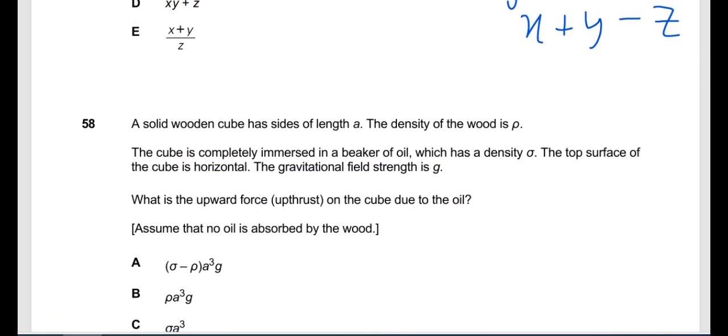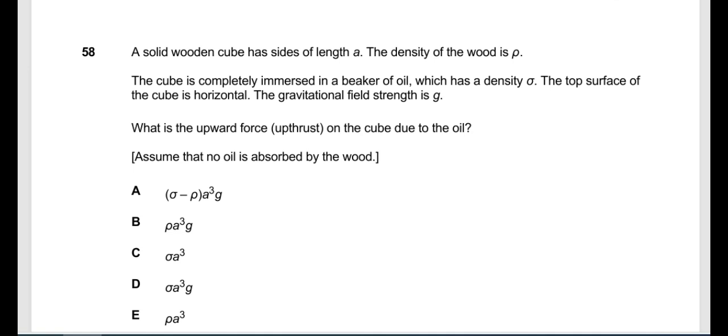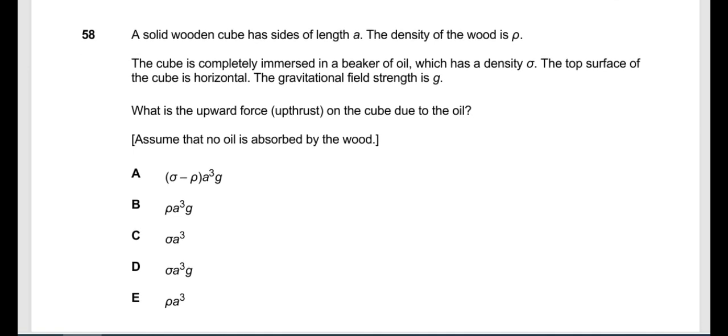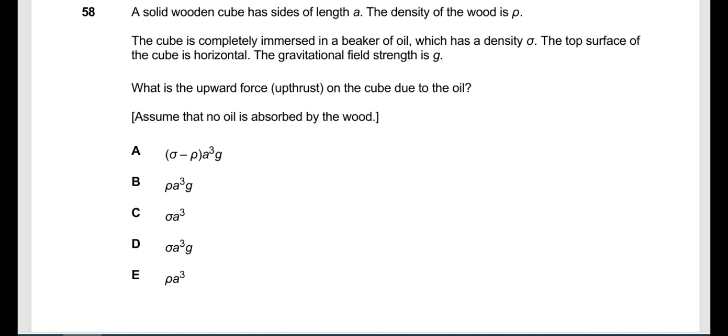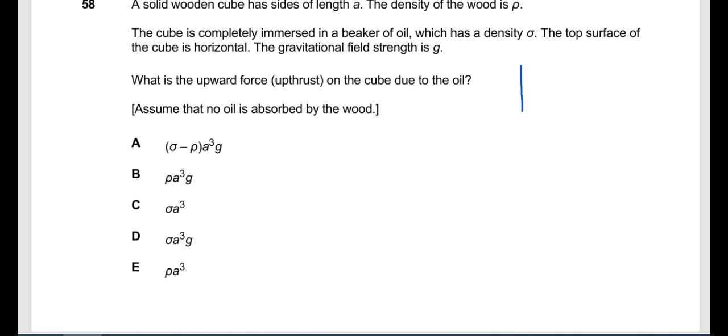So let's move to the next MCQ, which is: a solid wooden cube has a side of length A. The density of the wood is rho. We have been given one cube which has length A and its density is rho.